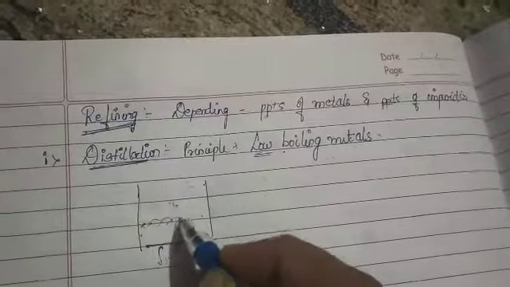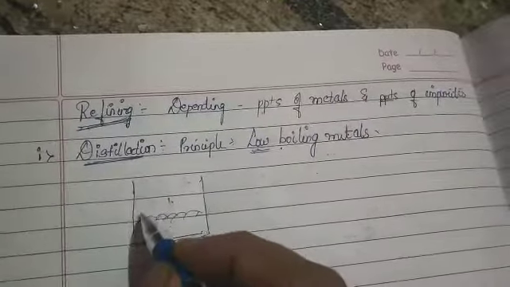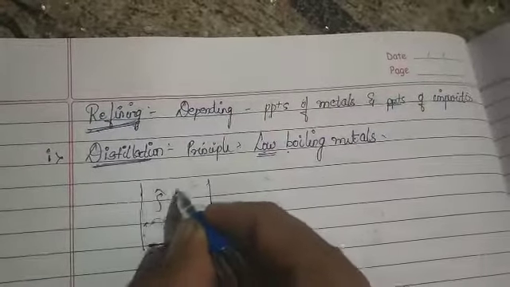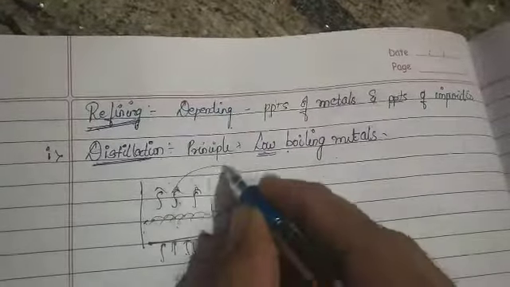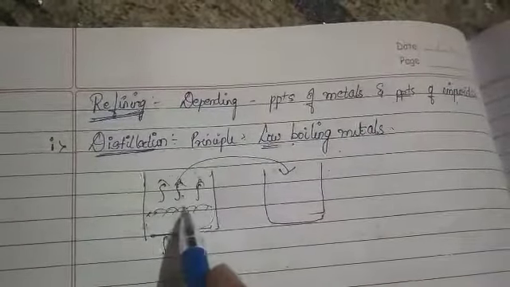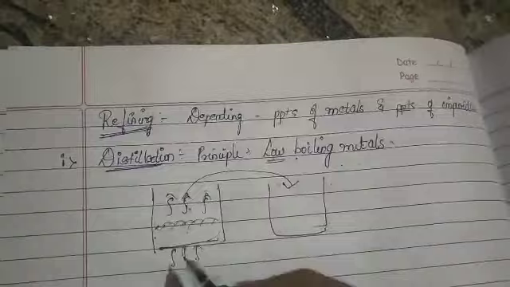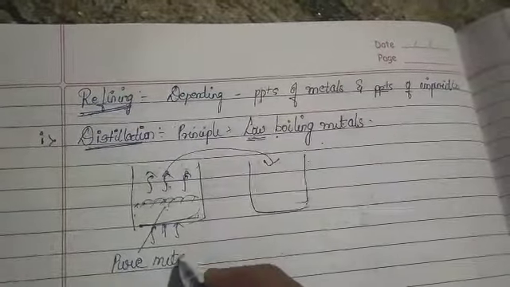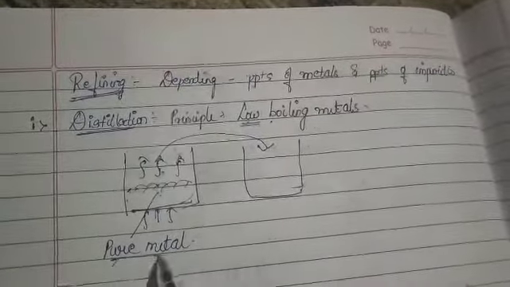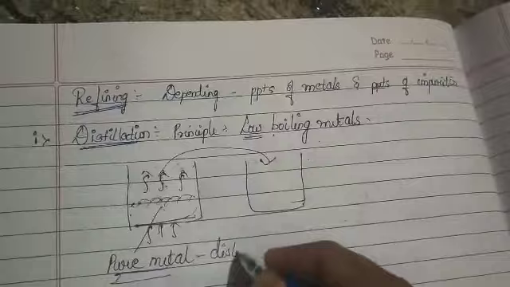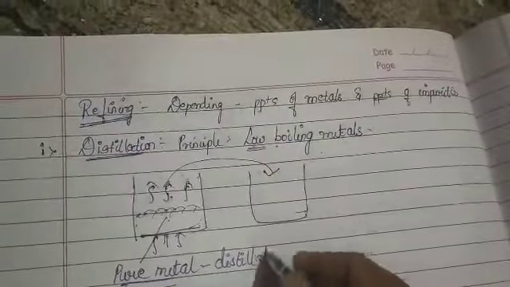When it starts to boil, whatever impurities are present will start to evaporate and they will be collected into another chamber. So what will be left in the initial container? Your pure metal. Whatever pure metal we obtain will remain as your distillate.